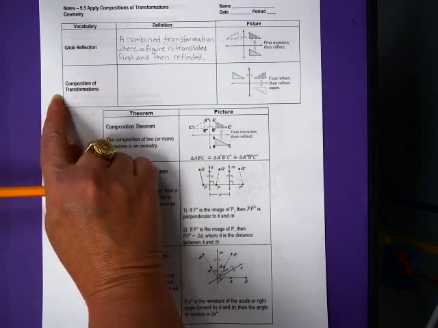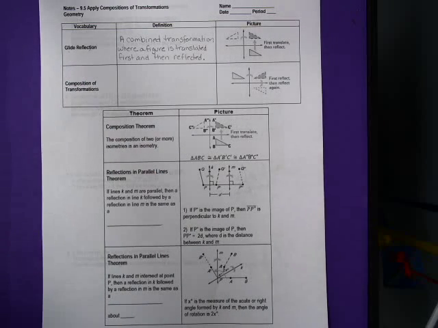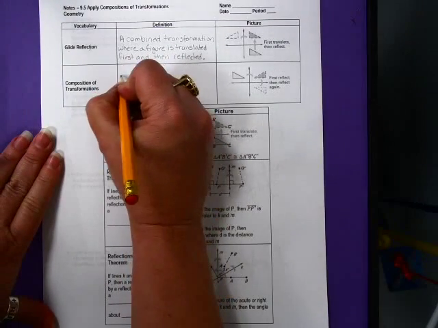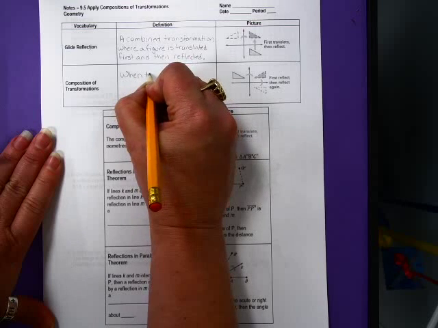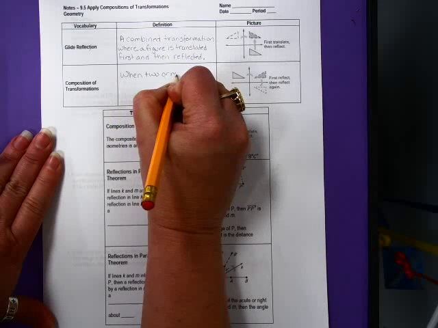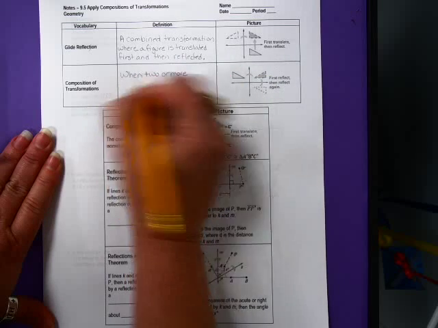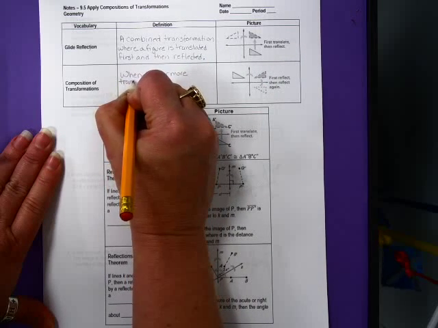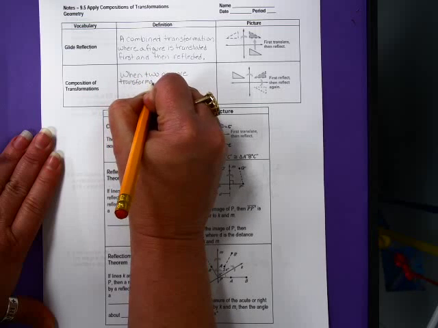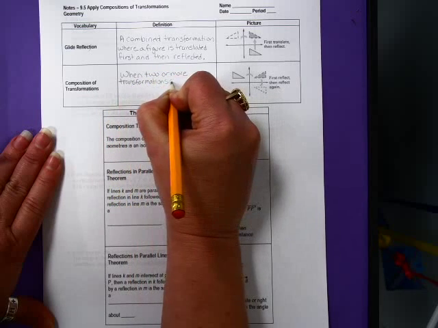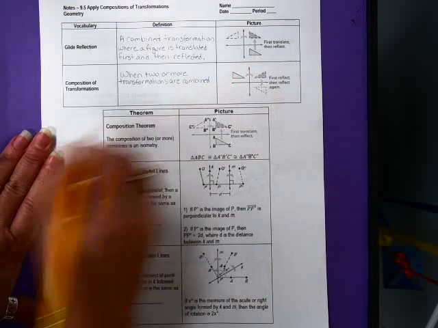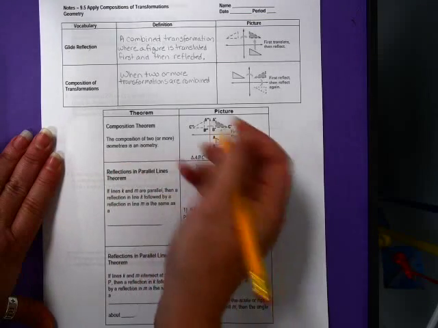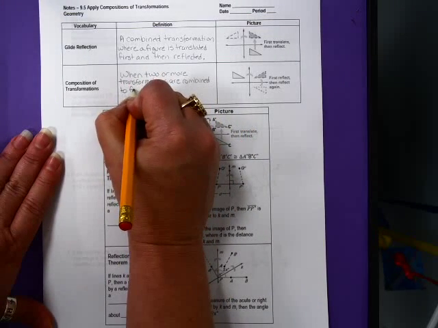Okay, the next one says composition of transformations, and that is exactly what it sounds like. It's when two or more transformations are combined to form a single transformation.